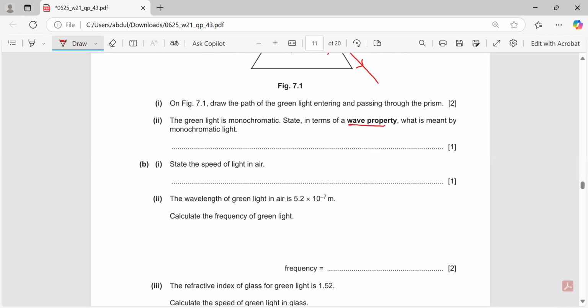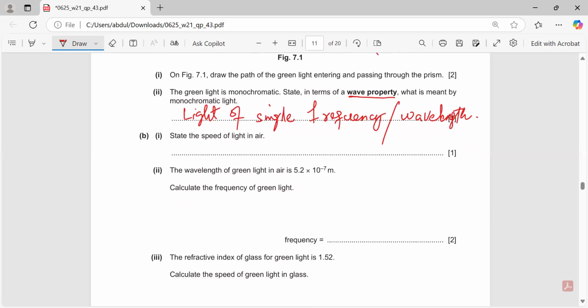State in terms of a wave property what is meant by monochromatic light. Monochromatic light, light of single frequency, property of waves, or you can say light of single wavelength. Now state the speed of light in air. Very common question. 3.0 times 10 to the power 8 meters per second.